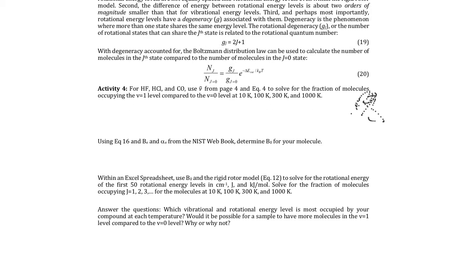But if you have J of 1, 2 times 1 plus 1 is 3, so 3 ways to have one quantum of rotational energy. There's a degeneracy of 5 for J equals 2. So what you have is a degeneracy, or a state weighting factor, that's going to help some of these higher rotational energy level states become more occupied at even reasonably low temperatures.